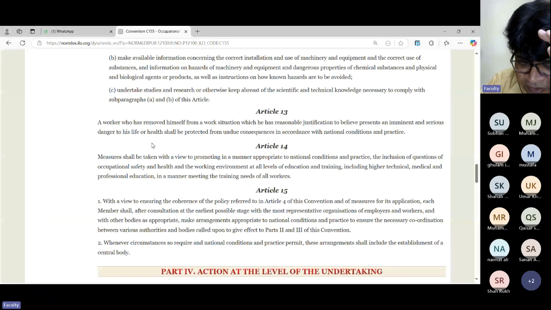Typically in companies, if a worker denies a work, he can be penalized or punished. So it is saying that such a situation should not arise. You should give liberty to the workers to stop work or come away from that work in case of unsafe conditions or unsafe acts, and you need to provide the necessary conditions and practice for doing it.